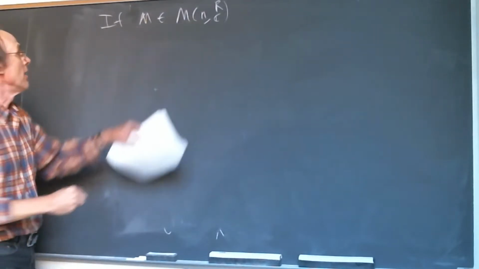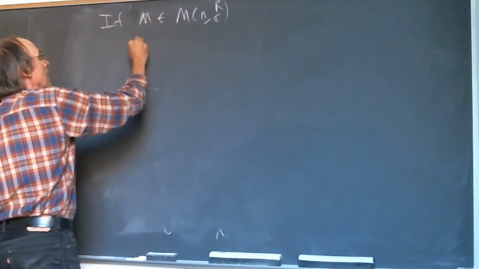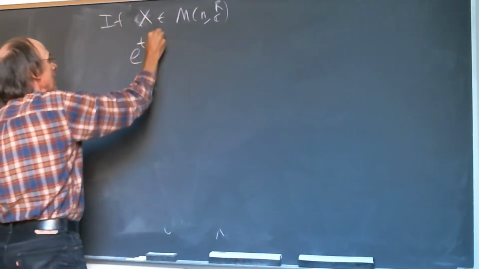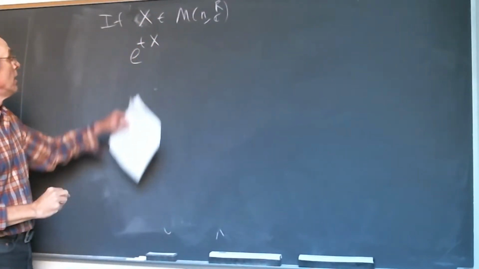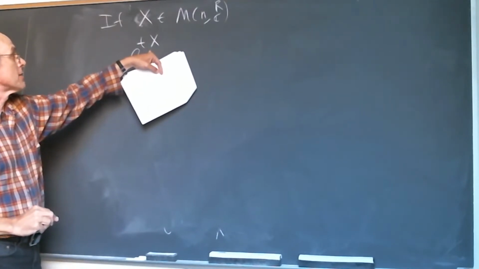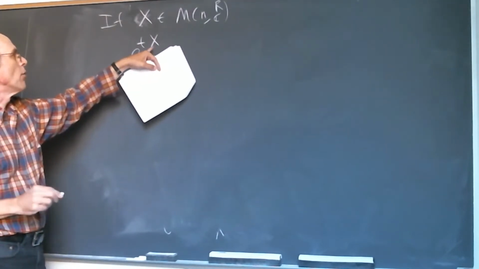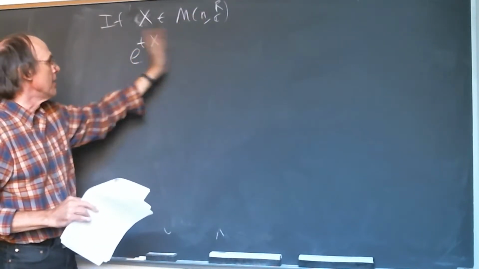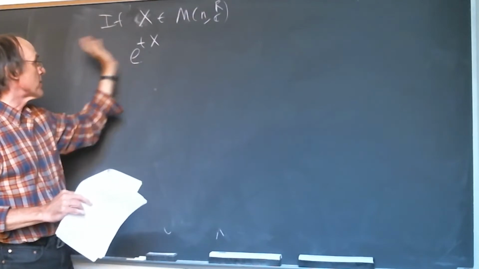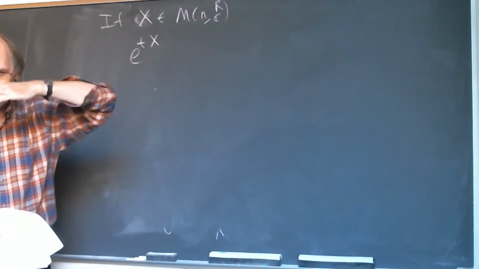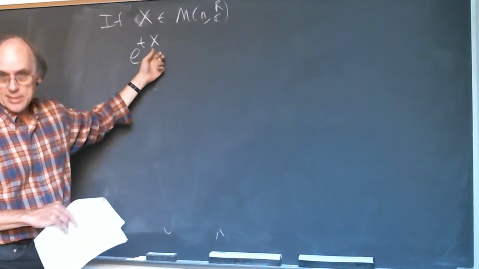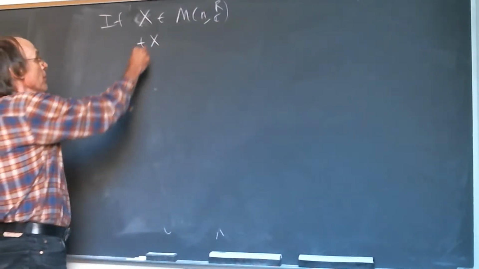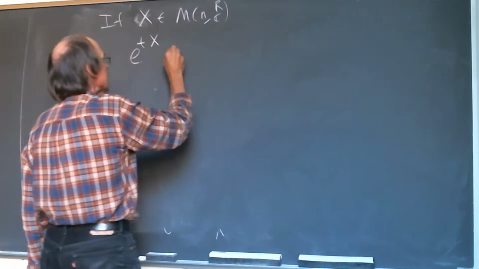Now, if you take e to the tx, well, you have to worry about convergence of this, but as I said, the power series for the exponential has these factorials in it, which causes these things to have an infinite radius of convergence. So then this guy is invertible.